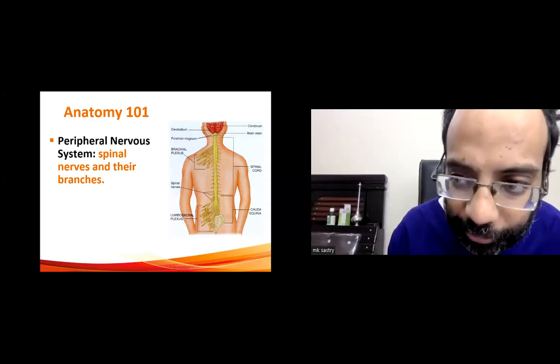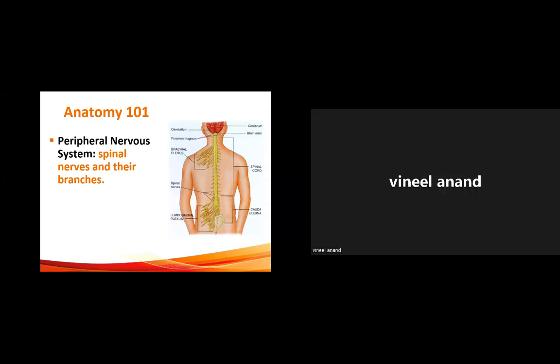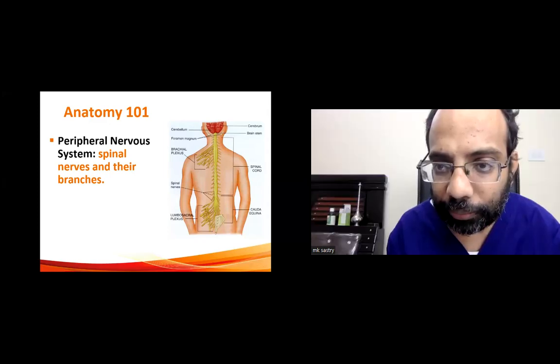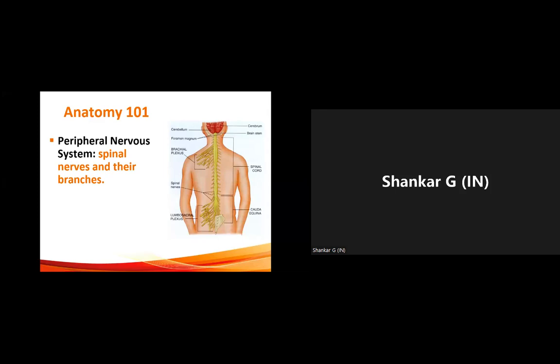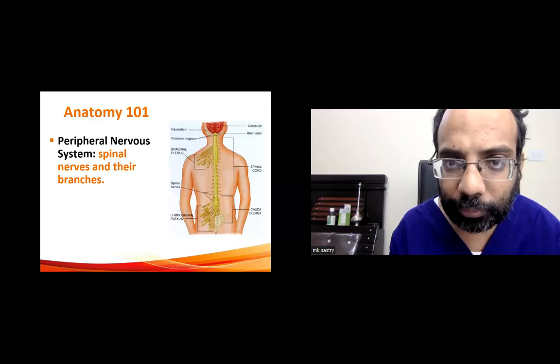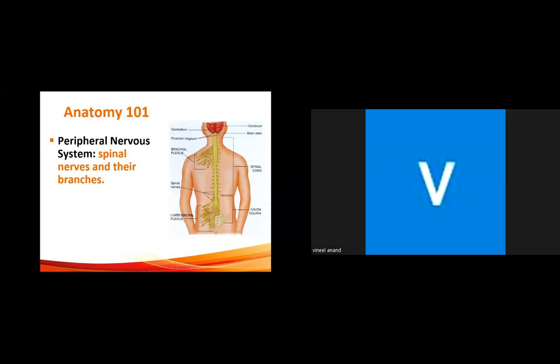I'm able to see the cursor. Now it's not visible, sir. Earlier it was, now it is not appearing.